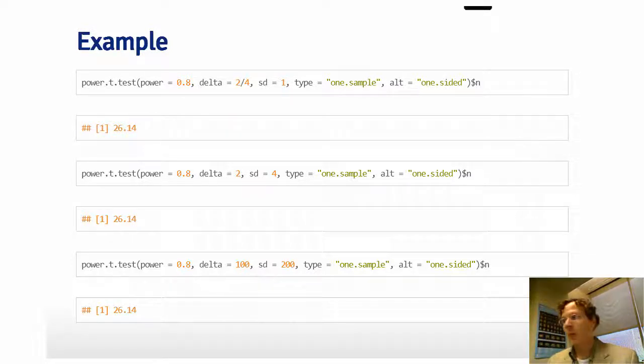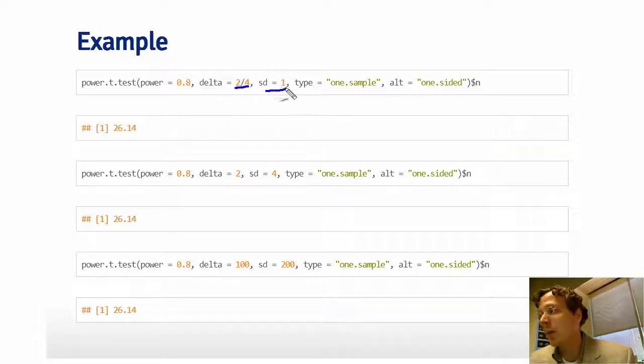So now here I'm going to again show you in all three cases that it only depends on the effect size. Here I'm specifying delta of 0.5 and my standard deviation of 1, so an effect size of 0.5 divided by 1, or 0.5, and I'm telling power.t.test I'd like to know what is the relevant sample size if I wanted a power of 80%.